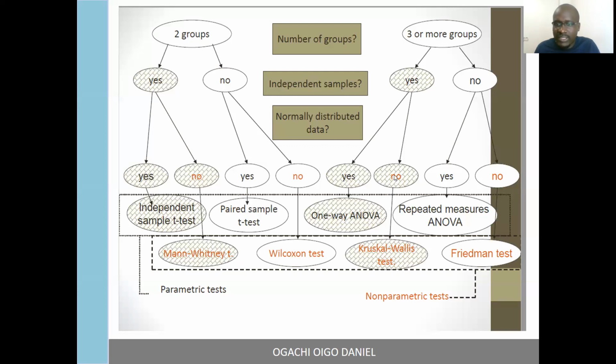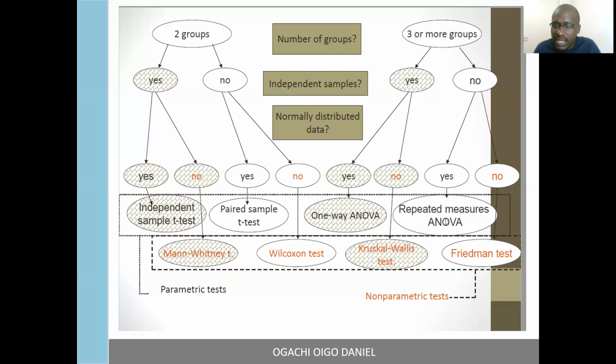On the other hand, if we have 3 or more groups where the samples are not independent but the data is normally distributed, we do what we call a repeated measure ANOVA.